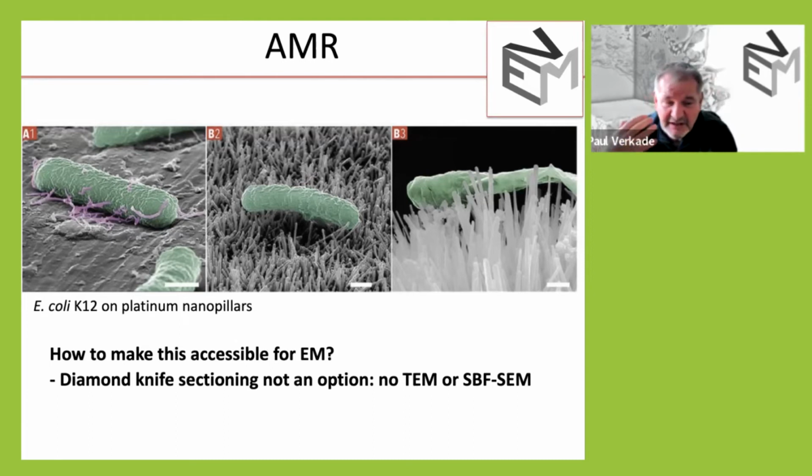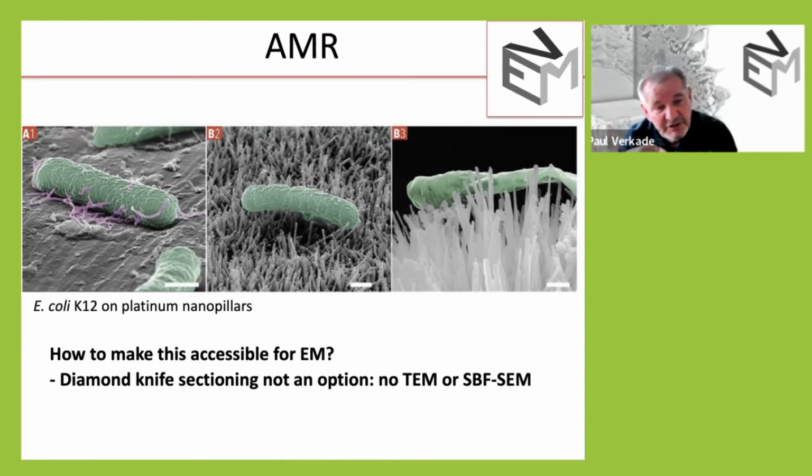Embedding this in a standard way for TEM and then sectioning with a diamond knife is not an option. These are titanium nanospikes, so they would immediately kill your diamond knife. So TEM, but also serial block face SEM, would not be an option to look at that.